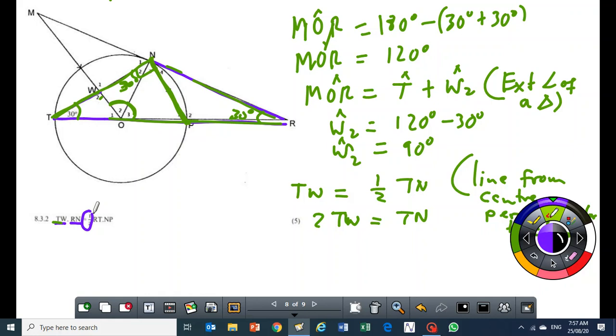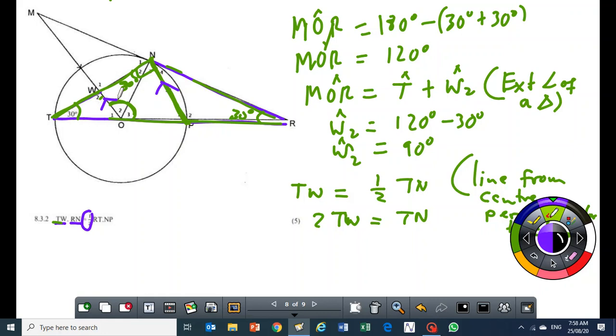You're saying this whole line here is given as parallel to NP, and then it's a line parallel to one side of a triangle, so you can use theorem 1. I'm talking about this line being parallel to that. Yes, we gave it as parallel to each other. But how does that help you to say this is 90? What's corresponding? Isn't it a line parallel to one side of the triangle? So you can use it.